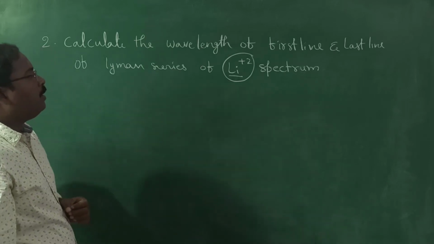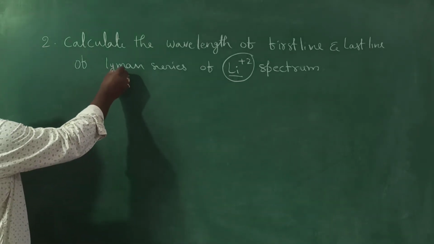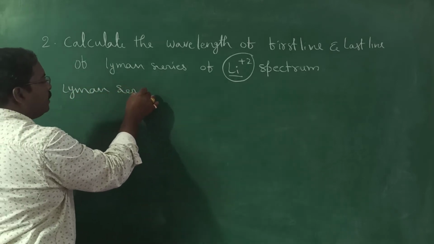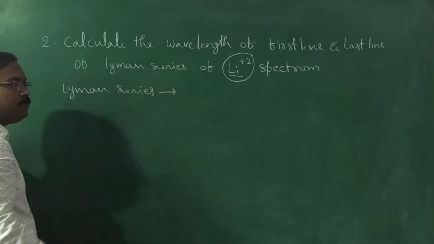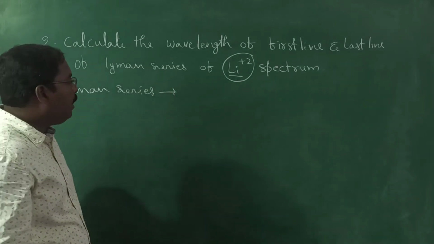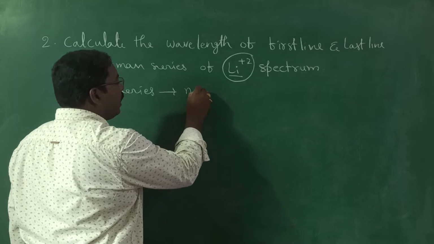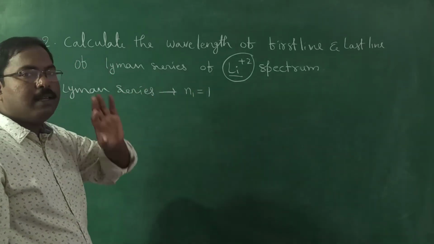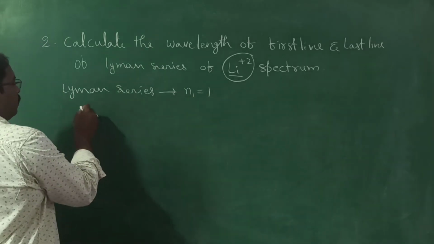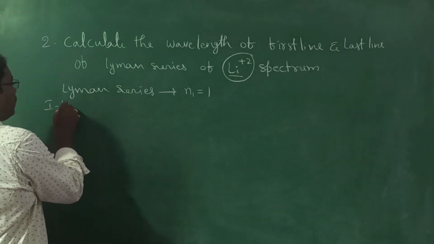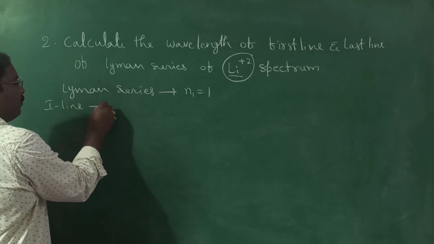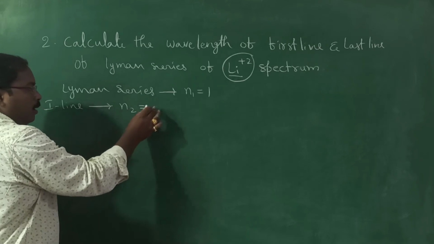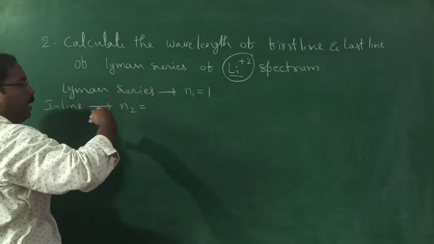Got it? Now first of all, Lyman series. They have given Lyman series. Lyman series means the first series. In the first series, what is N1? N1 is 1. Correct or not? Lyman series means N1 value is 1. Now, coming to the first line of Lyman series, N2 value will be 2, because N1 is 1 and the first line is just above that.